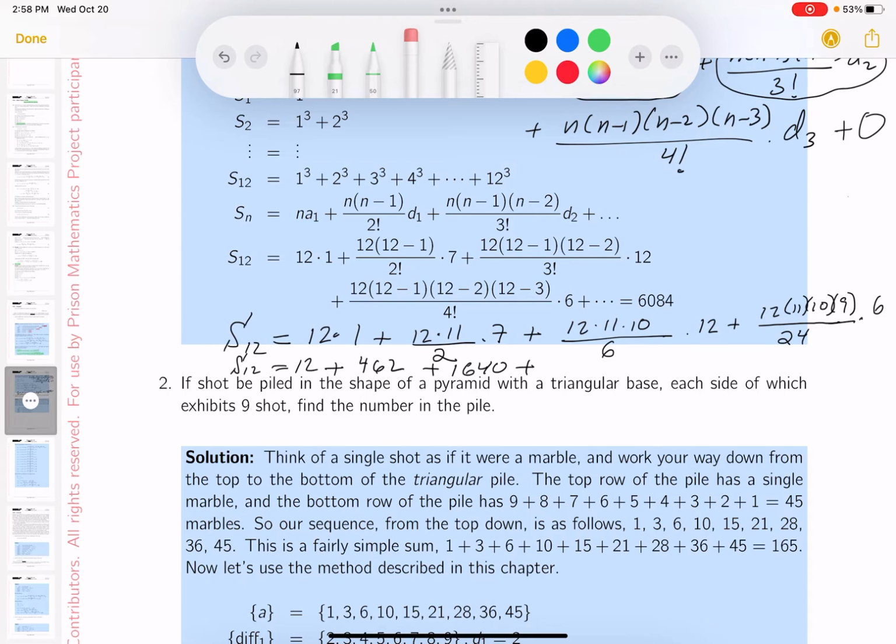Let's do the next one. I got to write it down for you. And the reason I got to write the arithmetic down, so 12, 11, 10, 9. They're getting more difficult. And then, I'm looking at the 6 and 24. That goes in 4 times, right? And 4 goes into 12 3 times. 3 times 11 is 33.